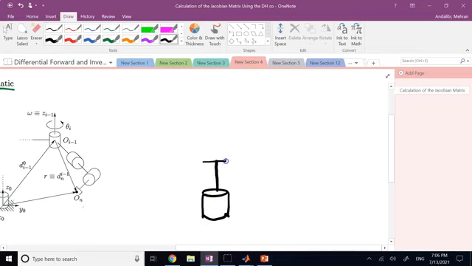The second link is prismatic. And the third link is also rotary. Good.